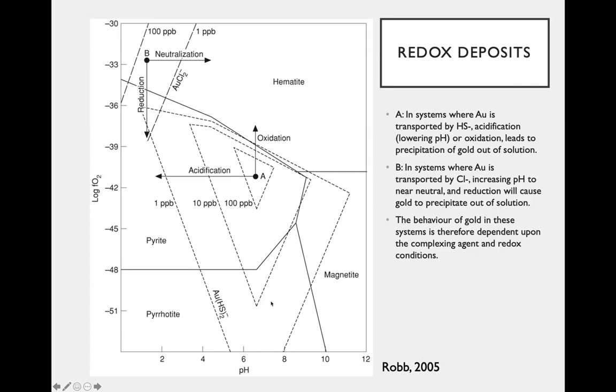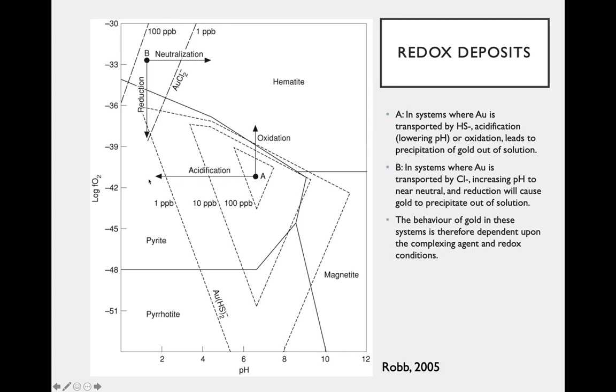So here's just an example from a phase diagram where we have fugacity, so oxidation state, going this way. As you move up, you're oxidizing. As you move down, you're reducing, versus pH. So if we think about A, where we are considering gold this time, as gold is transported by hydrogen sulfide, acidification will lead to precipitation of gold.